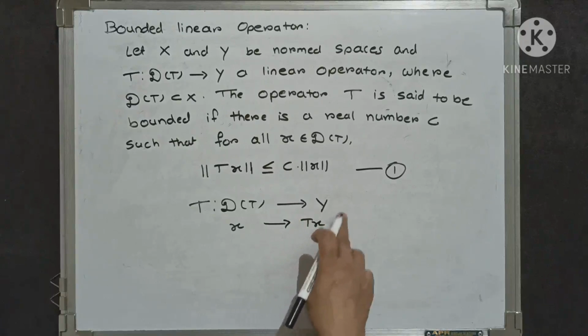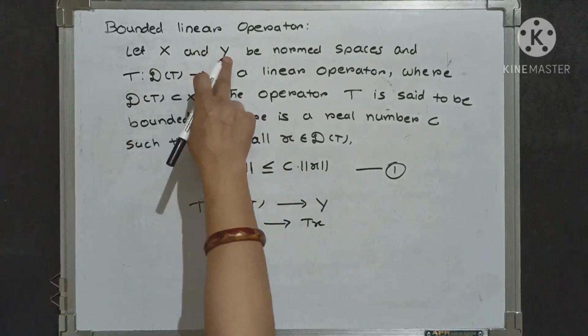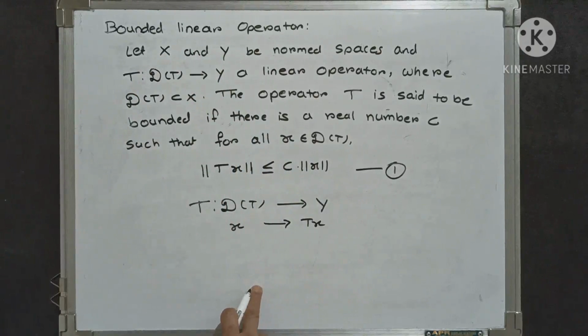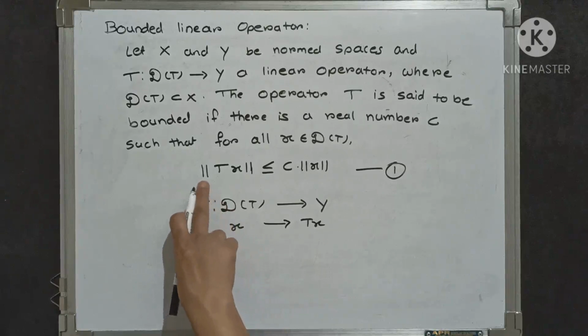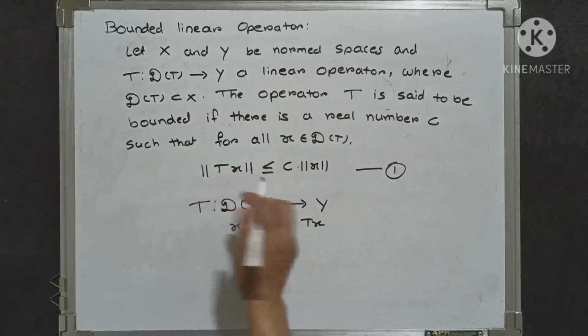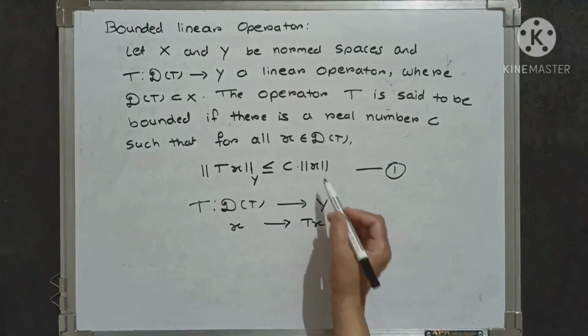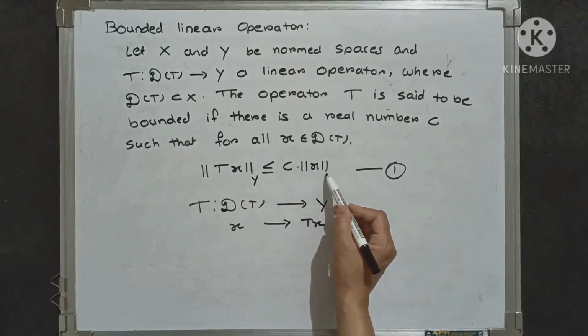an element of Y. As X and Y are normed spaces, here we are writing norm of Tx, and this is the norm on capital Y, and here we are taking C times norm of x.